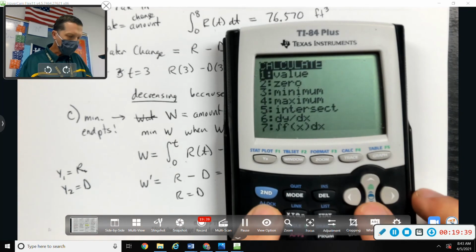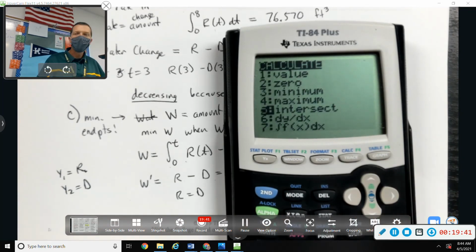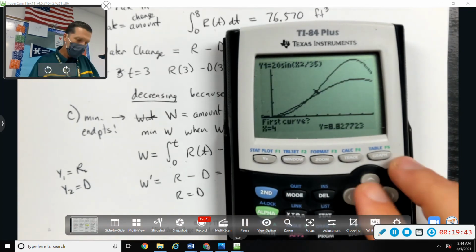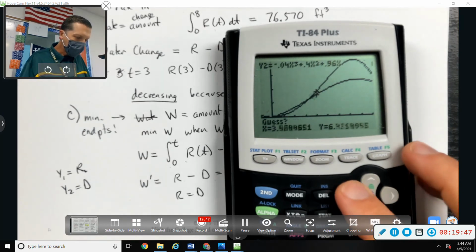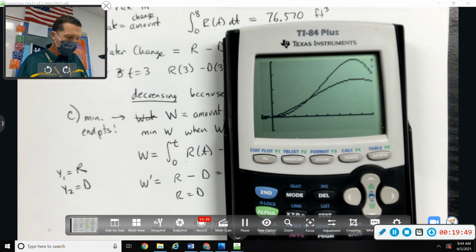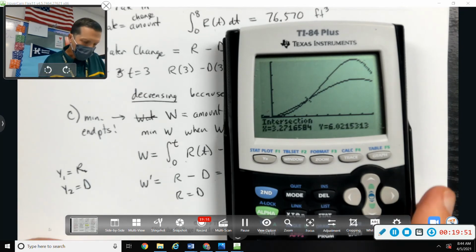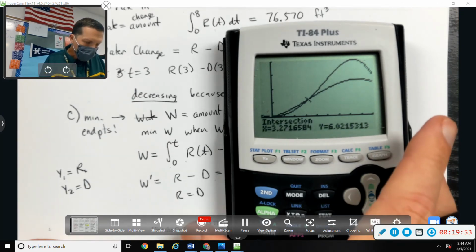Second calc, there's an intersect button. So first curve, second curve, guess. So there's an intersection at 3.272.